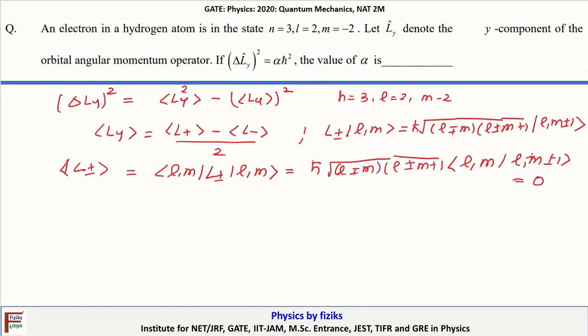Since both these states are orthogonal, this term is 0, which means the expectation value of Ly is also 0.